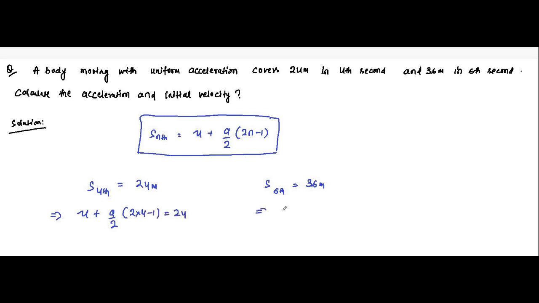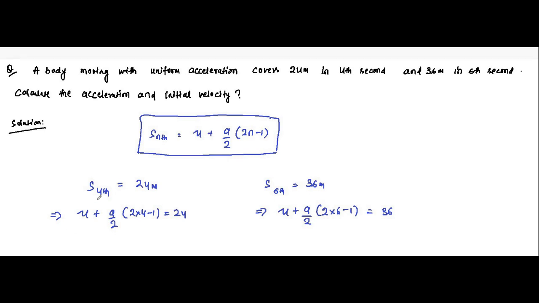And here, u plus a by 2 into 2 into 6 minus 1 is equal to 36.